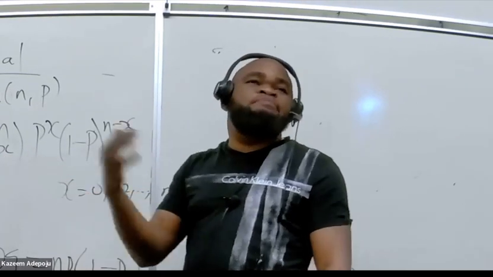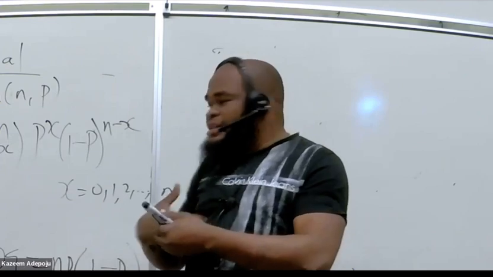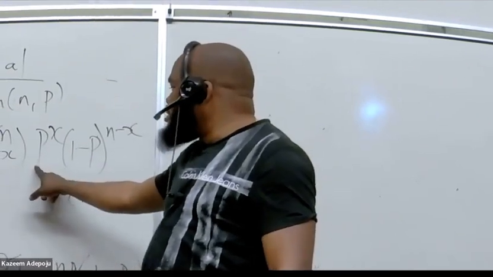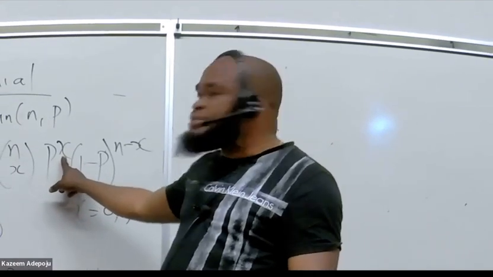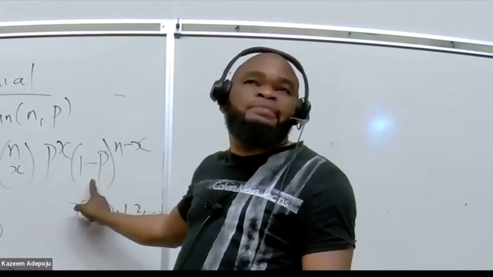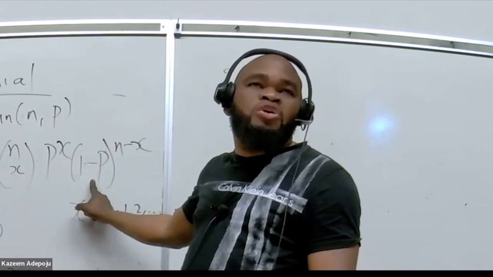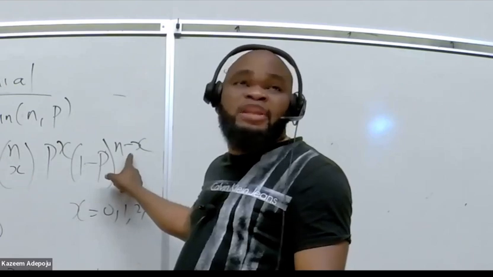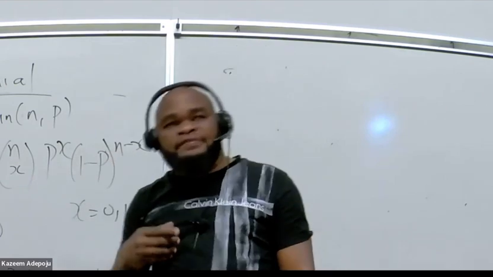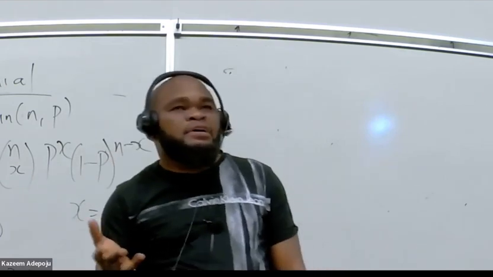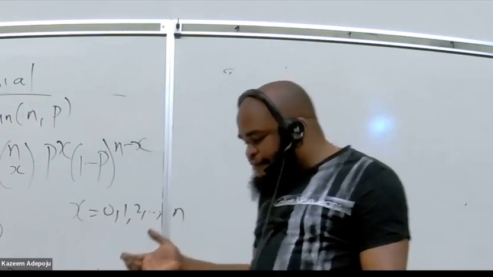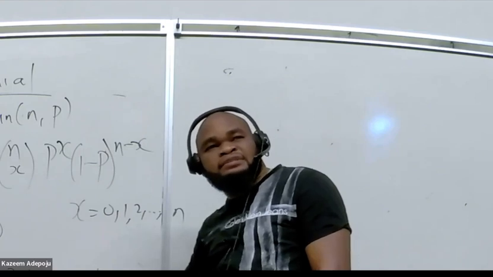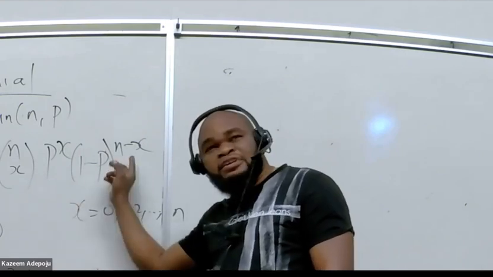P is the probability of success, and that is why it's carrying the number of successes. 1 minus P is the probability of failure, that we also call Q. It is basically going to carry the number of failures, because if N is the number of trials and X is the number of successes, the number of failures is going to be N minus X. And that's why the probability of failure is carrying that.